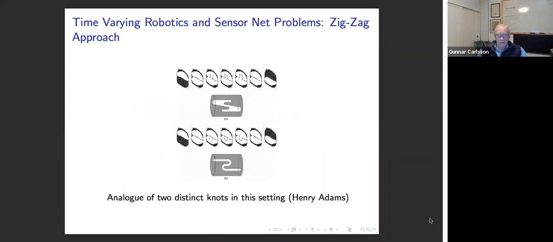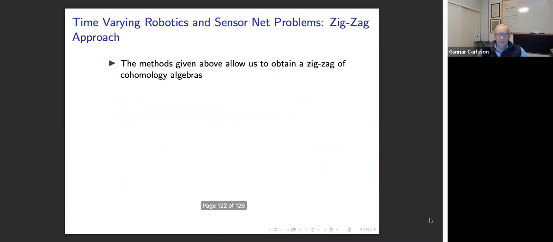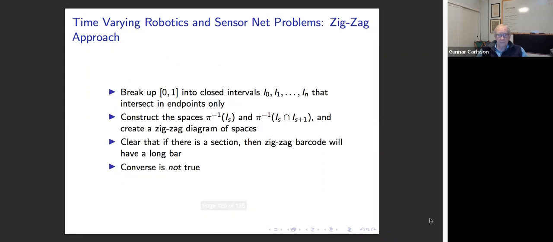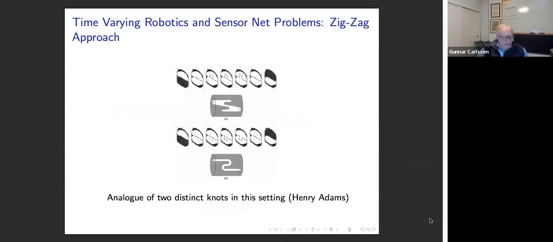Let's look at this example, the upper example. You can see that we've got a covered region, which is black, and there is in fact an evasion path.